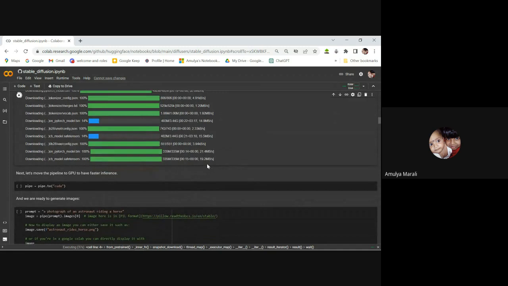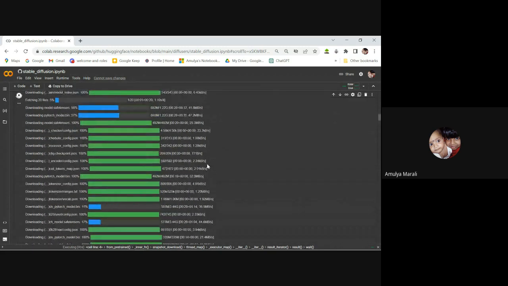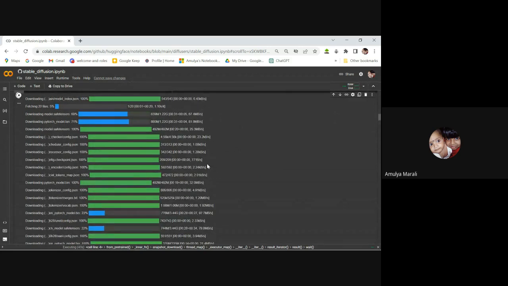In between, if you have any questions, you can ask, because it literally takes a lot of time, because the GPU is also, I don't think it's performing that well.